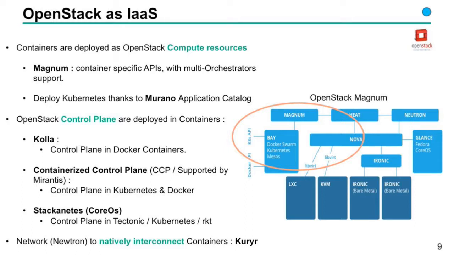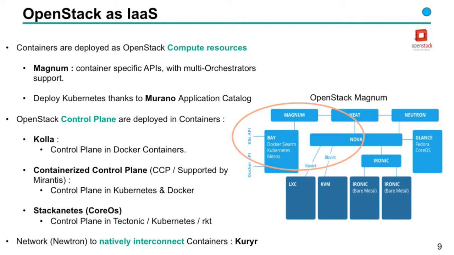But as we have seen, it's very interesting to leverage containers to facilitate upgrades and fast cycles. So what about deploying your OpenStack control plane as containers? That's exactly what Kolla is doing with Docker containers, either on virtual machines or bare metal.